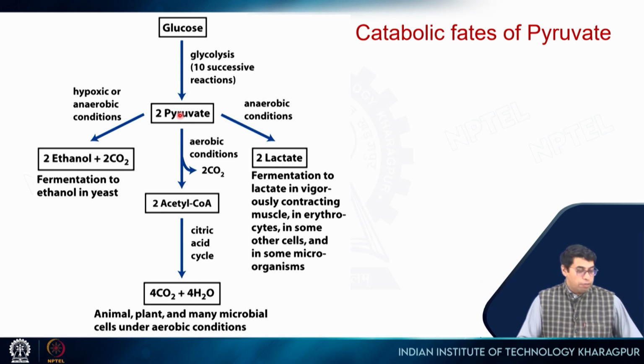And then in next week's lecture we will see that this pyruvate under aerobic conditions, so when there is oxygen, it will get converted to acetyl coenzyme A upon loss of 2 carbon dioxide molecules. So, it gets reduced to 4 carbon now. So, acetyl group is 2 carbon, there are 2 acetyl groups, so there are 4 carbons, and then ultimately in the citric acid cycle it will get converted to 4 carbon dioxide and 4 water, right. So, that is the complete oxidation of glucose.